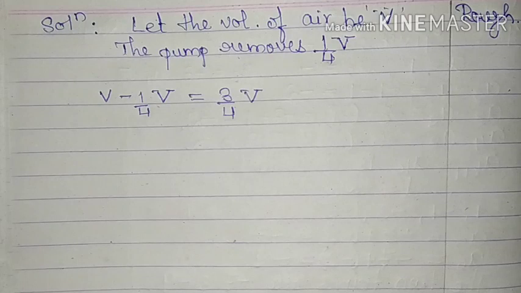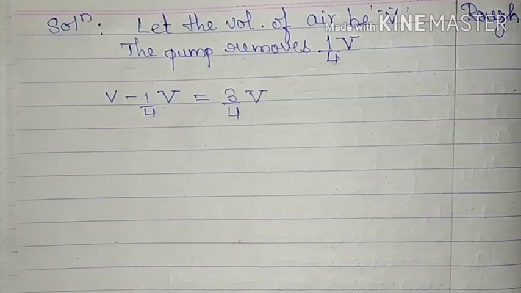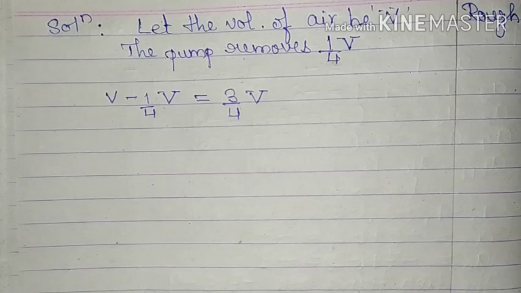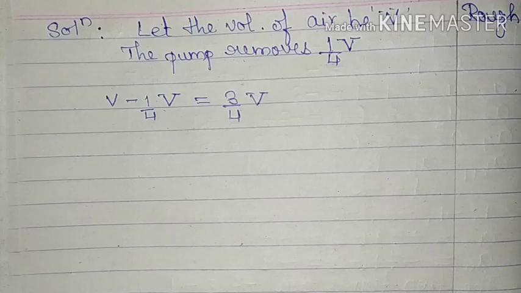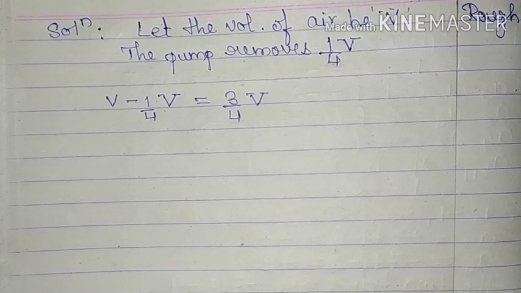So now I can safely say that every time air is pumped out from the cylinder, always 3/4 of the volume that is previously present will be left in the cylinder, right?